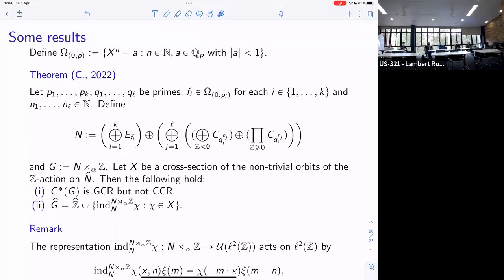Then for the corresponding group, I can say that the group C-star algebra is GCR, but it's not a CCR C-star algebra.